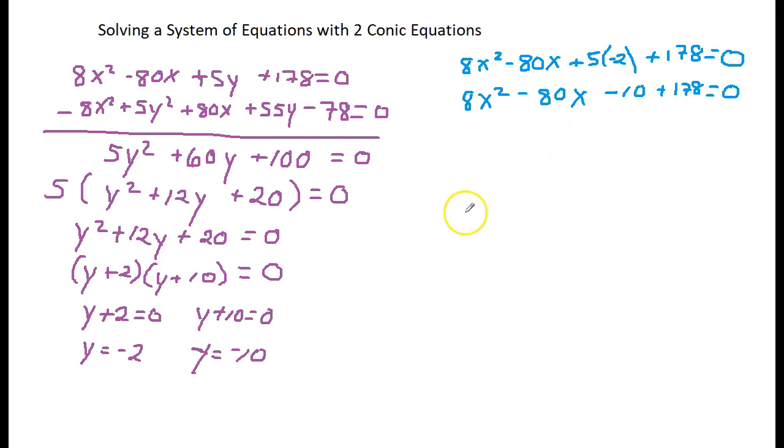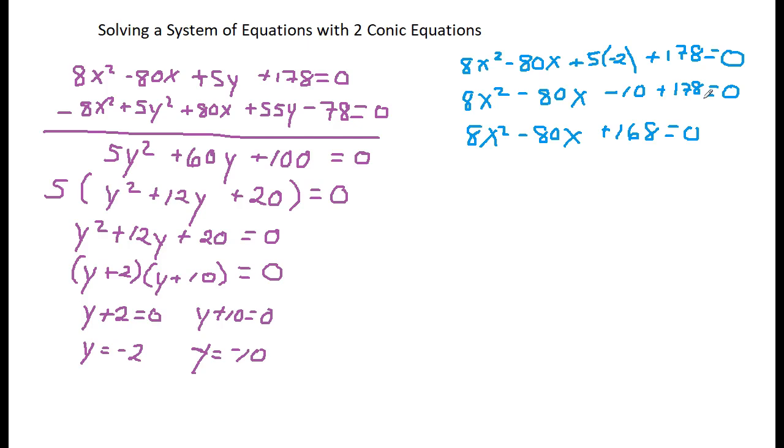Well, negative 10 plus 178 gives me 168. So 8x squared minus 80x plus 168 equals 0.